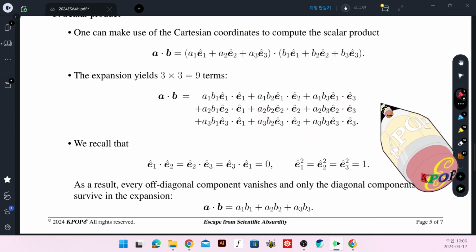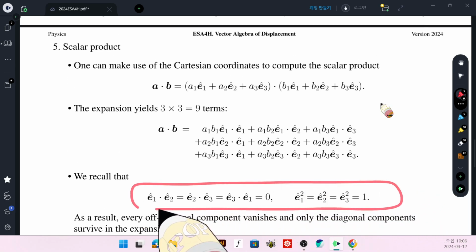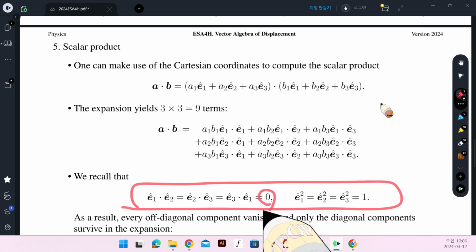Scalar product. We recall the scalar product between any two unique Cartesian basis vectors. If the vector indices are different, they are always perpendicular, so the scalar product vanishes. And if the vector index, 1 is for x, 2 is for y, and 3 is for z, the squared one must be 1.